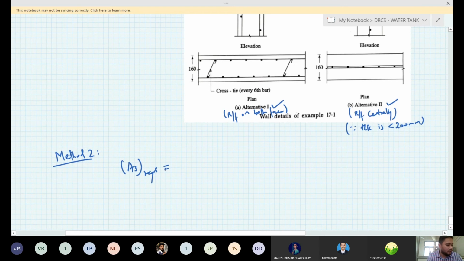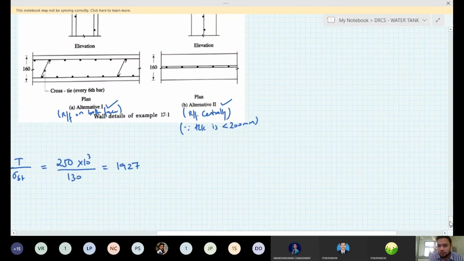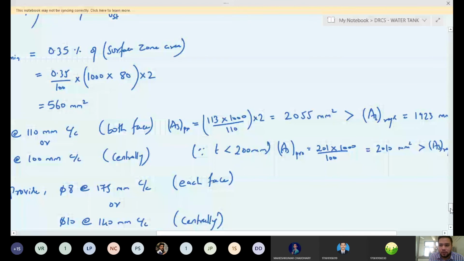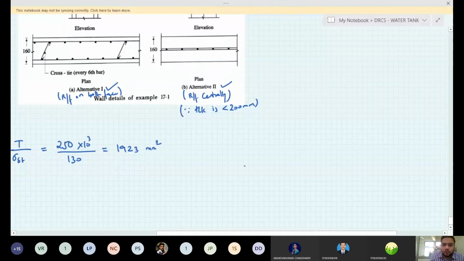AS required is equal to T divided by sigma ST, that is T is 250 into 10 to the power 3 divided by 130. So you will get 1923 mm square.